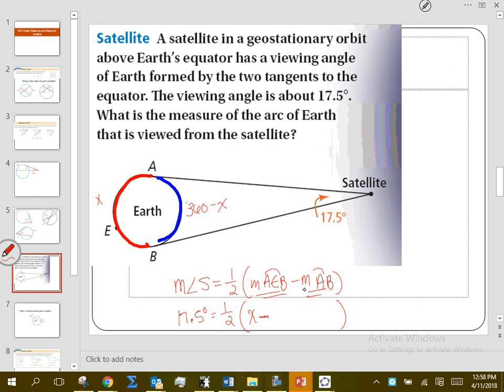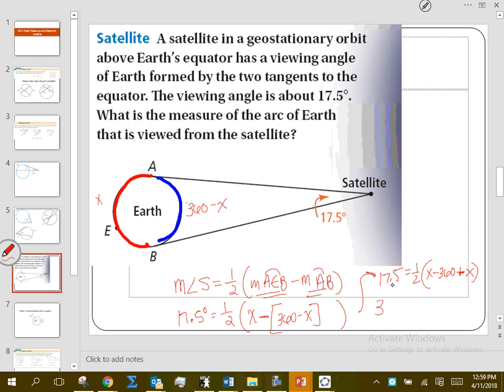So arc AB is 360 minus x. That is going to change to 17.5 is equal to a half x minus a quantity, x minus 360? Be negative 360, right? And then minus a negative x. What's minus a negative x? It's plus x.